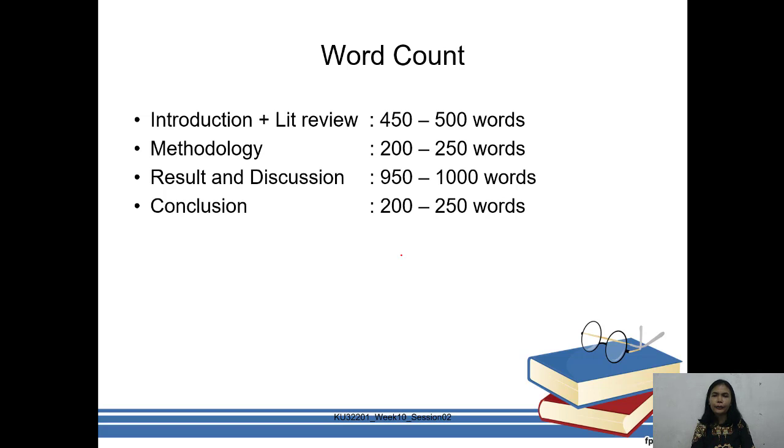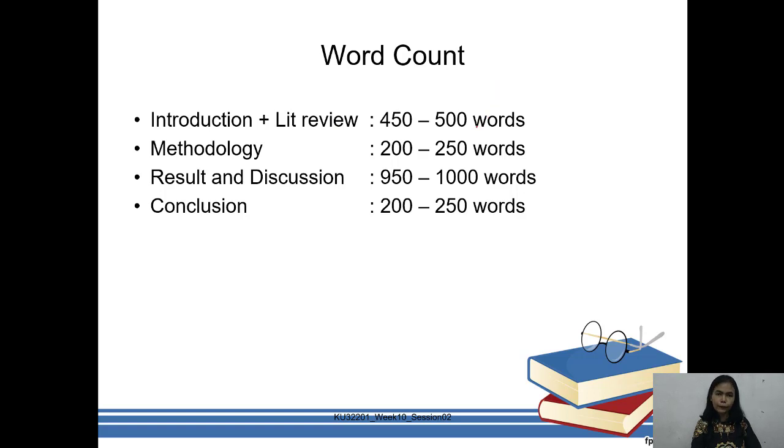I would also remind you of the word count for our article writing. As you see over here, the introduction and literature review is 450 to 500 words. So for the week 1 and week 2 writing, you can actually combine it into one section, because I put here introduction plus literature review, 450 to 500 words.